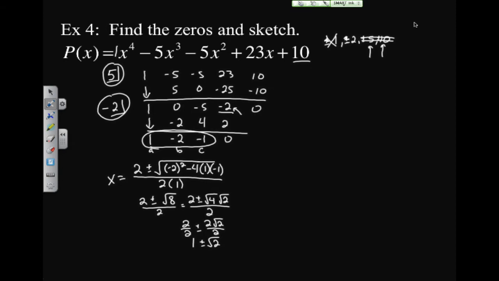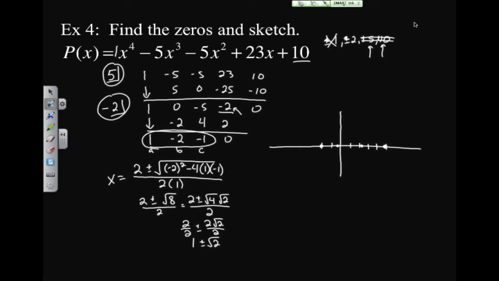So now, as we sketch, remember the things that we have learned. We know we have a 0 at 5. 1, 2, 3, 4, 5. We know we have a 0 at -2. 1, 2. And we know actually 1 plus the square root of 2 is going to be a little bit more than 2. 1 minus the square root of 2 is going to be a little bit negative.